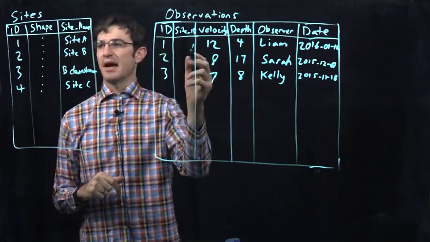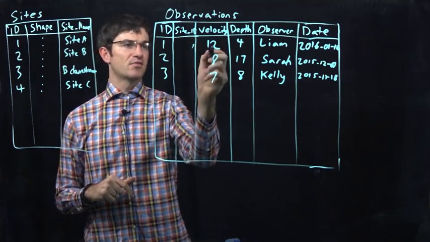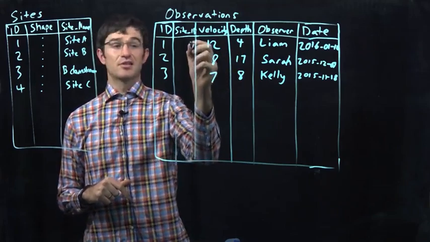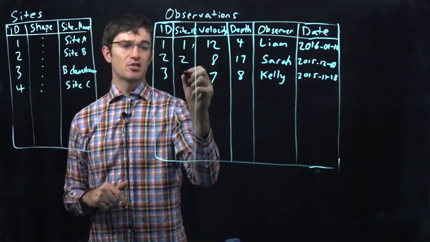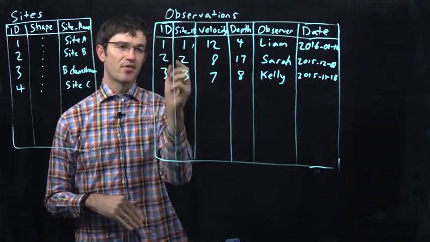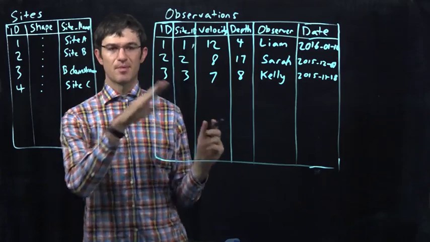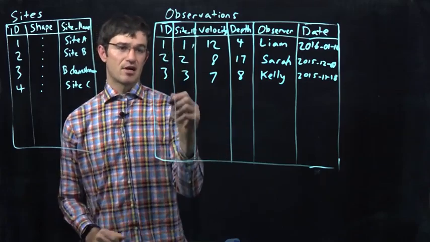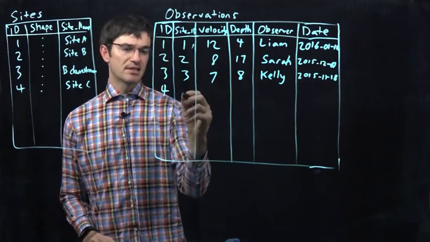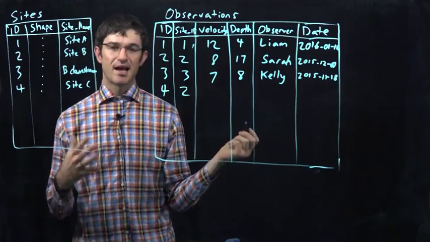So we'll reference it back and say that this velocity and flow measurement occurred at site with site ID 1, and this one occurred at site with site ID 2, and this one occurred at site with site ID 3. These happen to correspond right now, just to keep it consistent with what it was before. But we can add a new record down here with ID 4, and let's say that this one also happened at site ID 2.